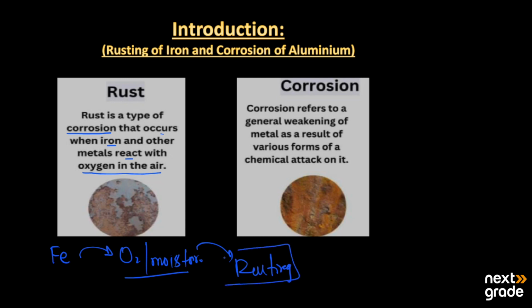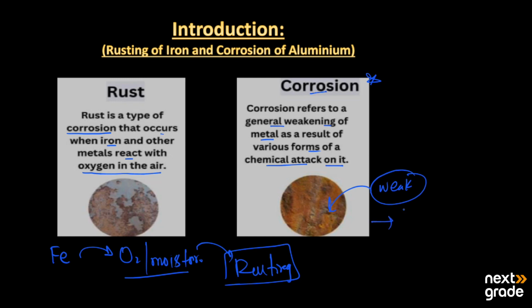On the other hand, corrosion of aluminium. Corrosion refers to the general weakening of the metal as a result of various forms of chemical attacks on it. When a lot of chemicals start to attack the metal surface, the metal starts to weaken away, and this is basically known as corrosion.